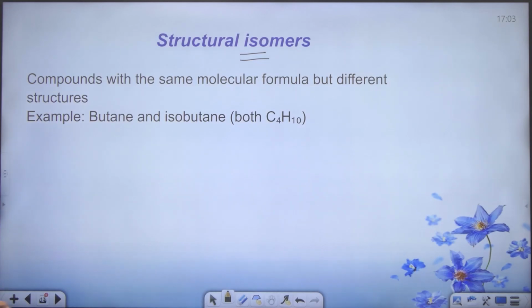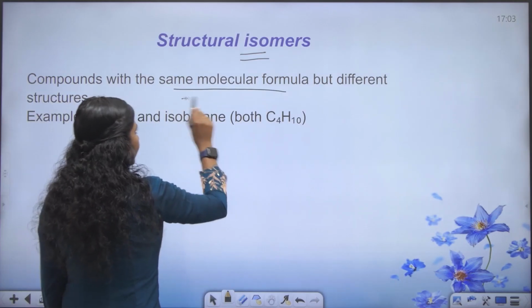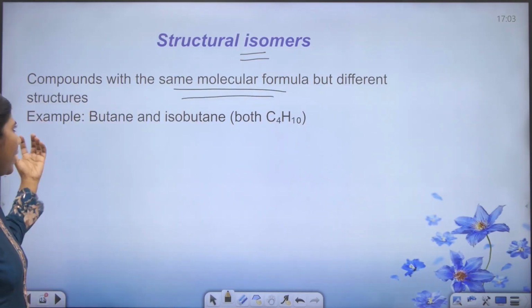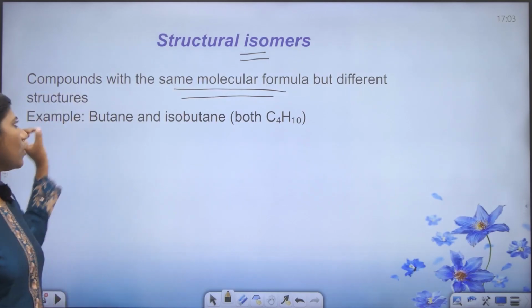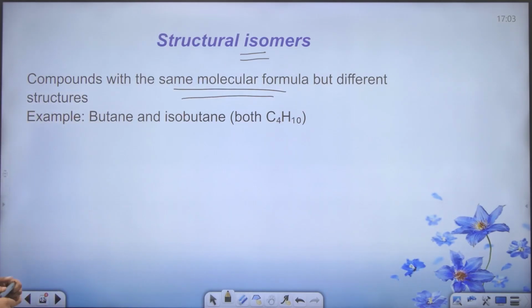That means compounds with the same molecular formula but different structural arrangement are called structural isomers.